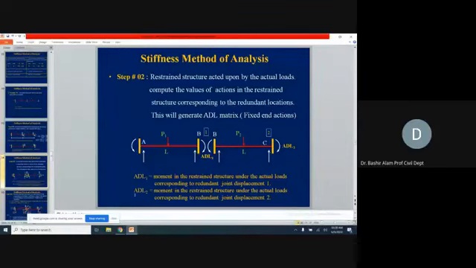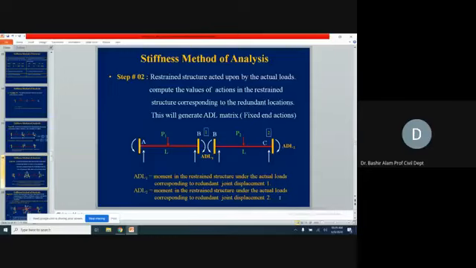ADL1 and ADL2, the definition is written here. ADL1 is the moment in the restrained structure under the actual loads corresponding to the redundant joint displacement 1. And ADL2 is the moment in the restrained structure under the actual loads corresponding to the joint displacement 2. So from here we complete our ADL matrix.